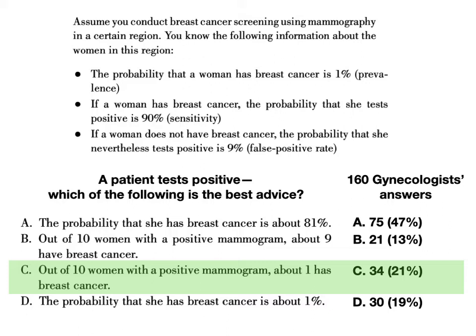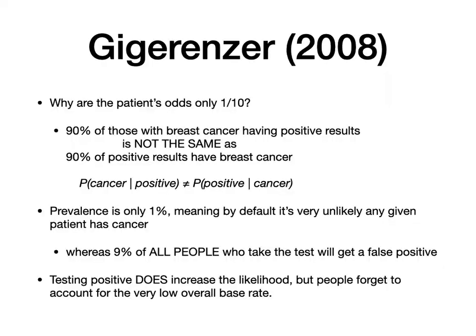Why? Why are the patient's odds only about 1 in 10 that she has breast cancer, given that she's tested positive? Here's the deal. 90% of those with breast cancer having positive results, right?